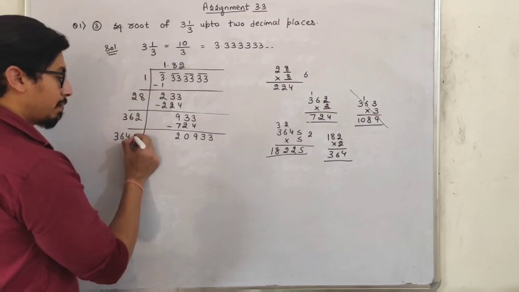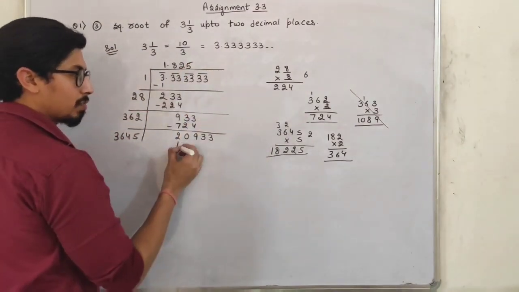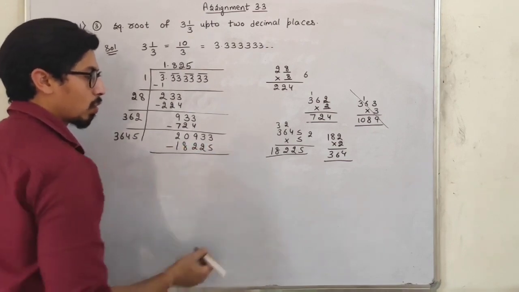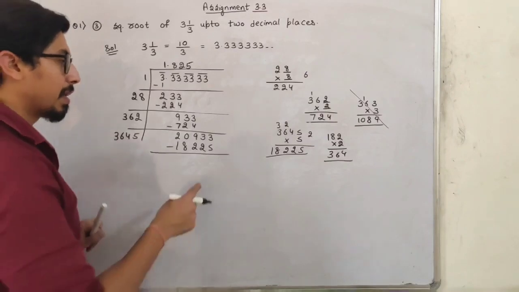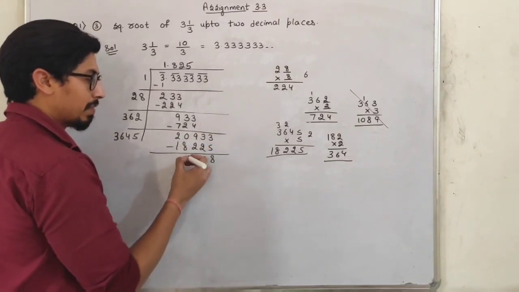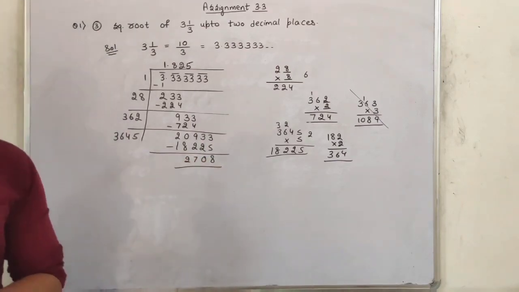So just write 5 here and 5 here. So it is 18225. Okay, students. So if I subtract, it will be 8, 0, 7 and 2. So the remainder is 2708.